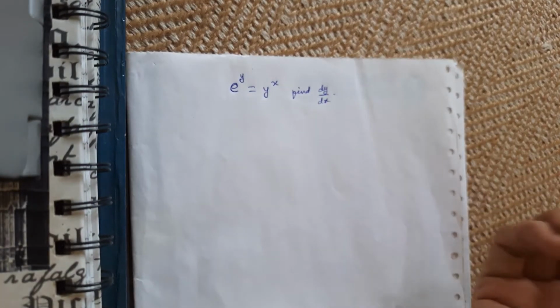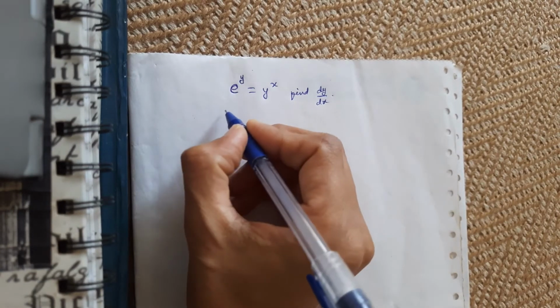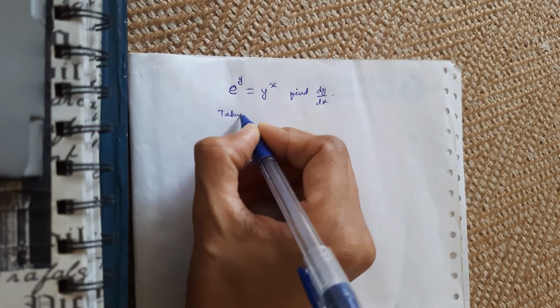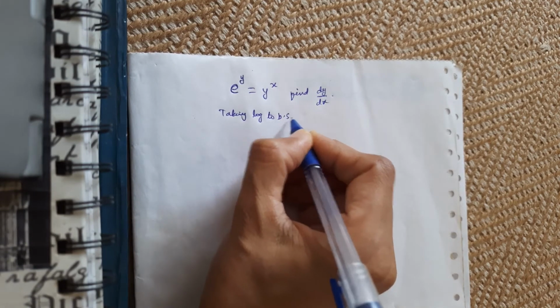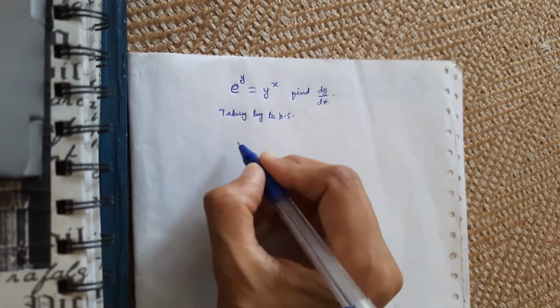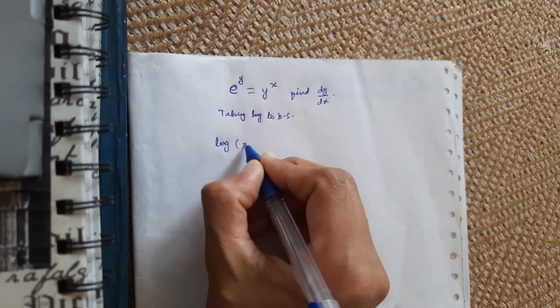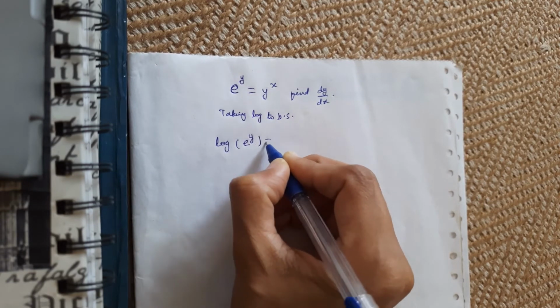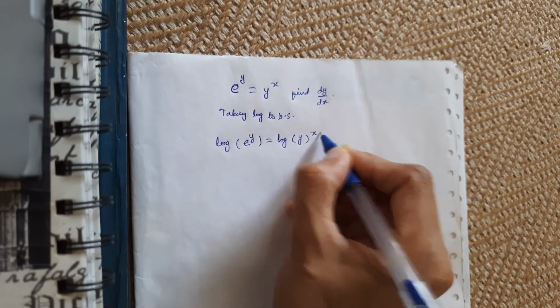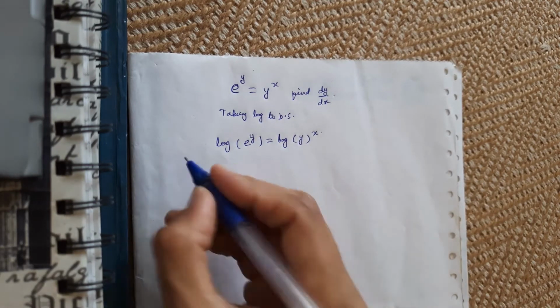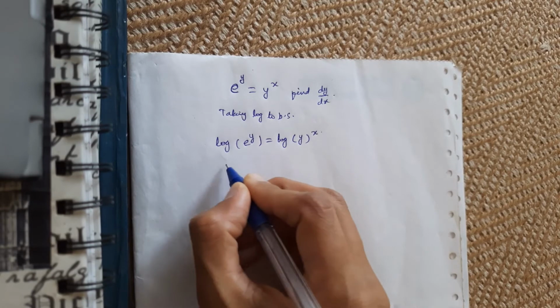So in this case you know what to do. First we take log to both sides. I will get log of e to the power y equal to log of y to the power x. Okay, so now I'll simplify it.